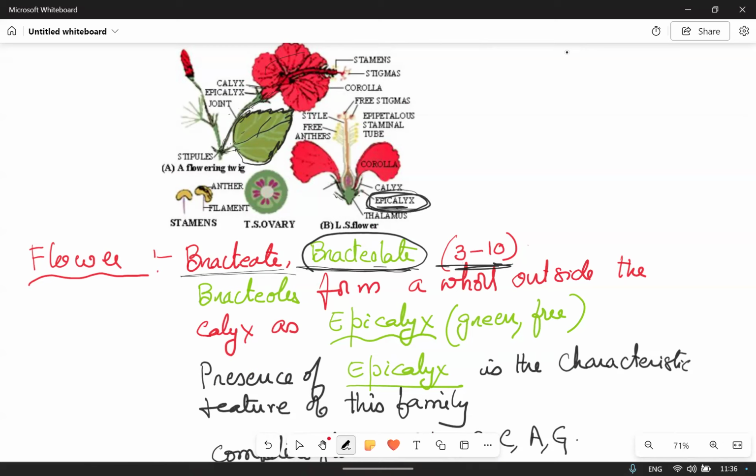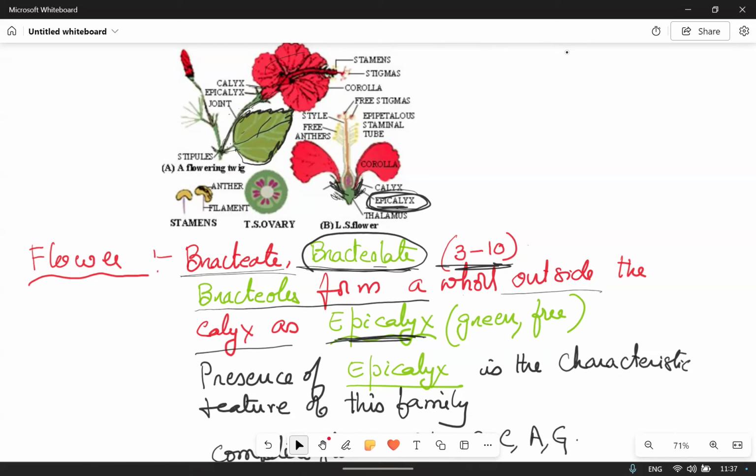Look here in the diagram. This is the calyx, sepals. Surrounding these sepals, we can see these bracteoles, and we call those epicalyx. So bracteoles form a wall outside the calyx as epicalyx. Very important. This is the characteristic feature of the Malvaceae family.